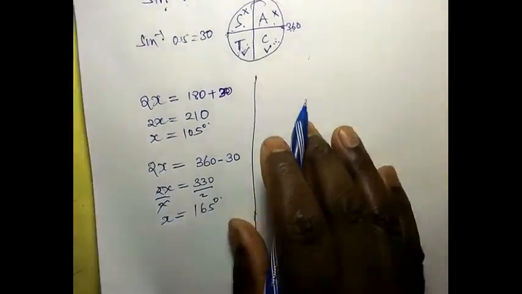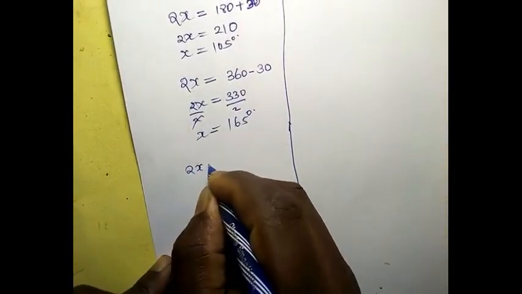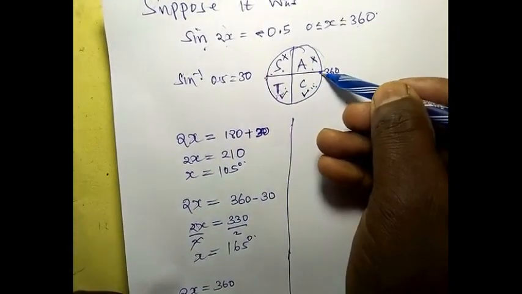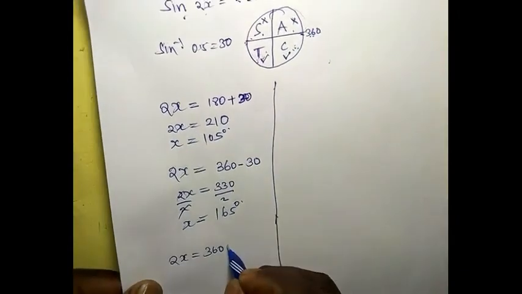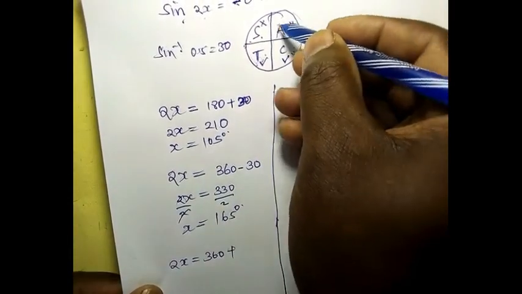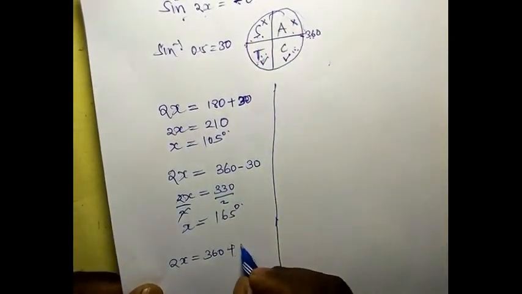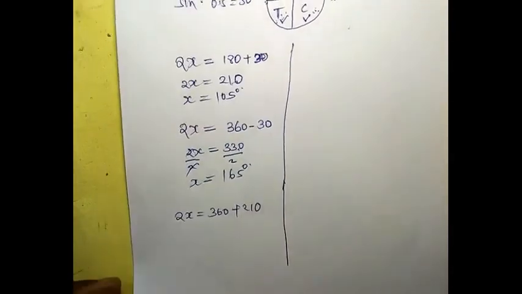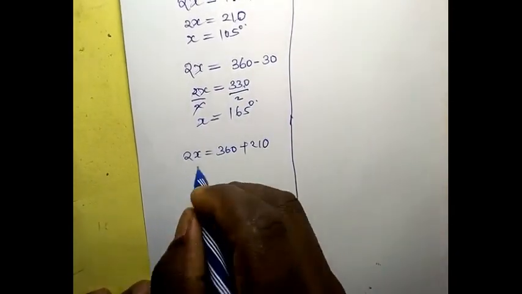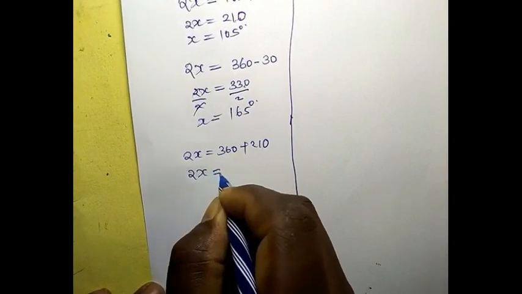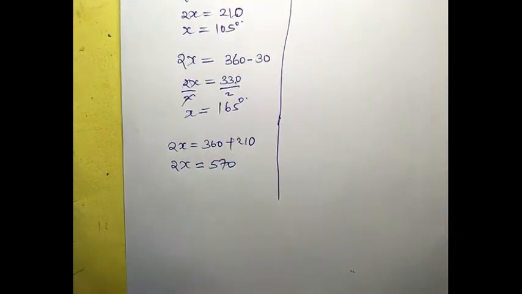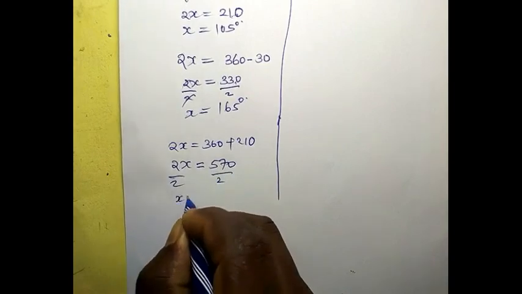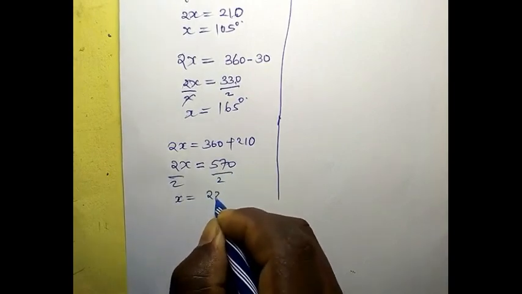Therefore, 2x equal to 360, that is up to this point, right? Plus 180 plus 30, which is 210. We start repeating this one. This one is 2x equal to 570, divided by 2. So x is equal to 285 degrees.